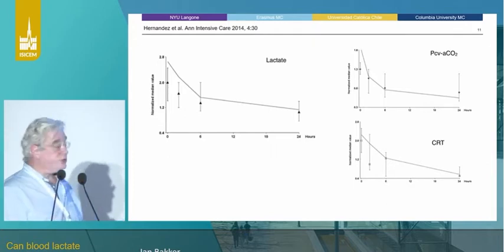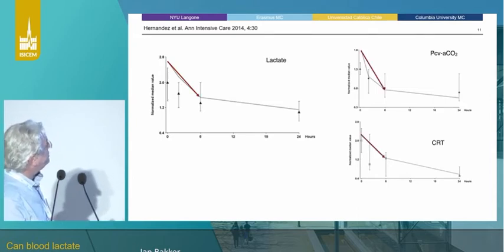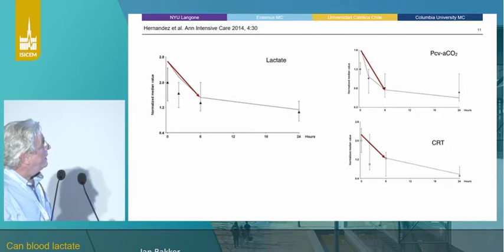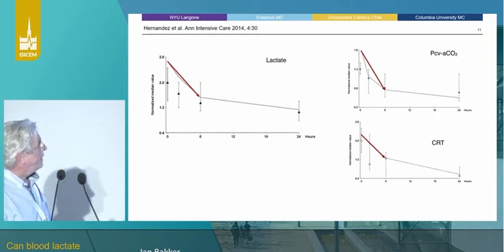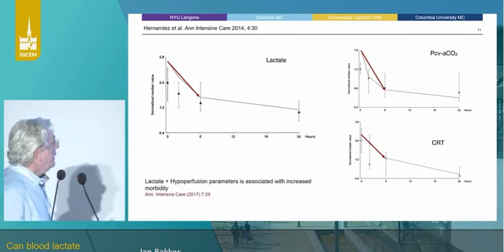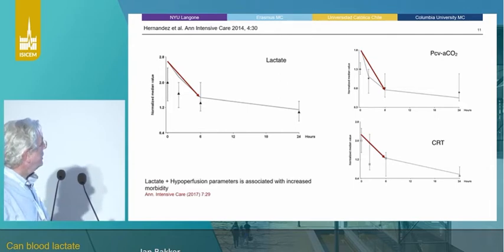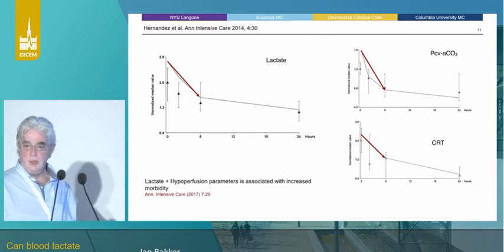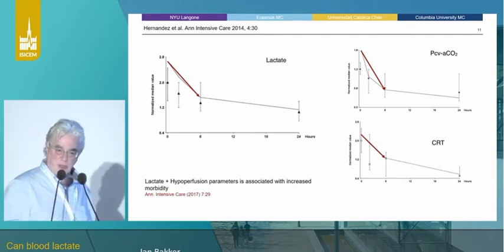And what you can see is that there is a steep curve for both the normalization of lactate and the normalization of perfusion abnormalities like delta PCO2 and CRT up until 6 hours. And we found in another study that we did somewhat later that if you have lactate and these markers of hypoperfusion, the outcome of these patients is worse.